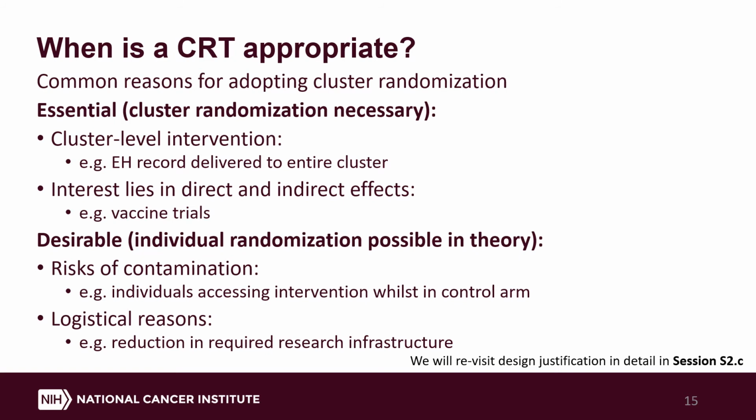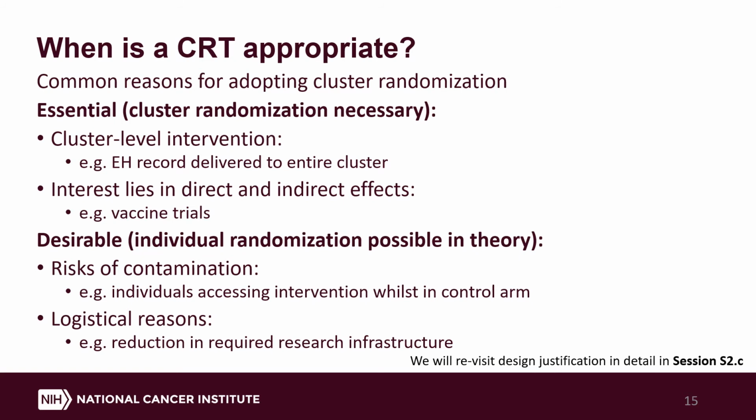But then sometimes cluster randomization can be desirable, but not necessarily essential. And these justifications are often described as being a concern over a risk of contamination. So here there's a concern that individuals who have been allocated to the control arm might access the intervention, and that cluster randomization might help prevent or mitigate this.